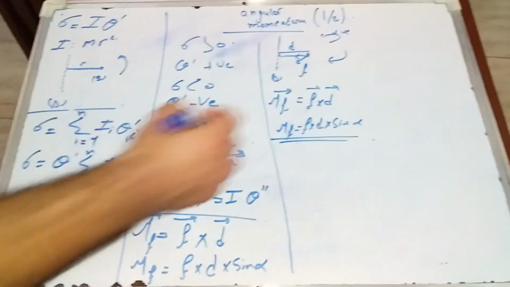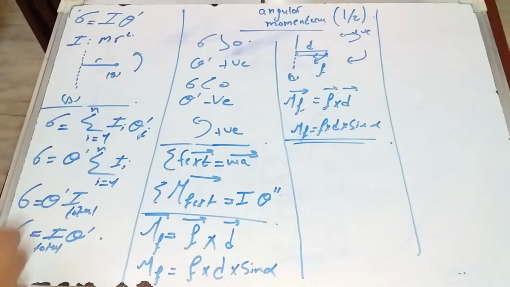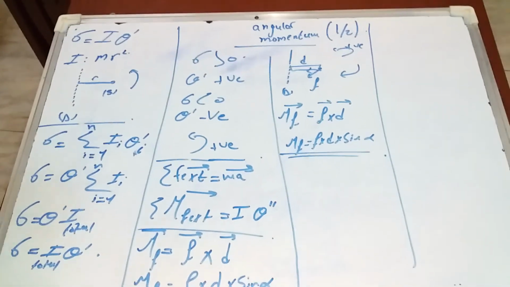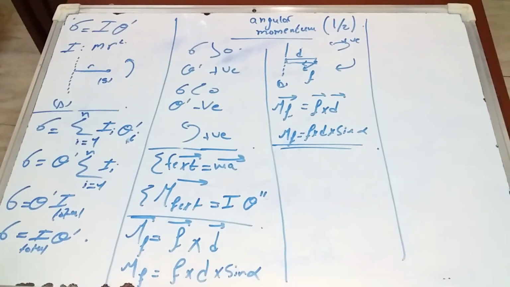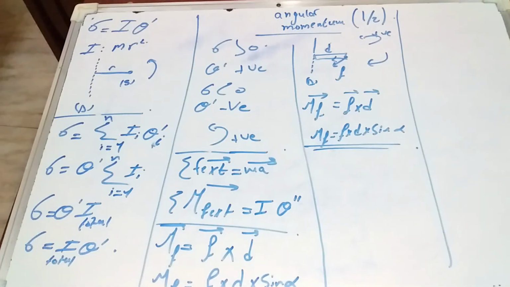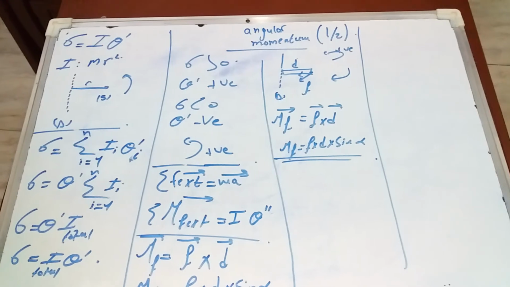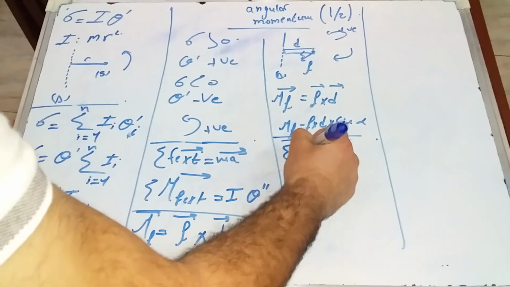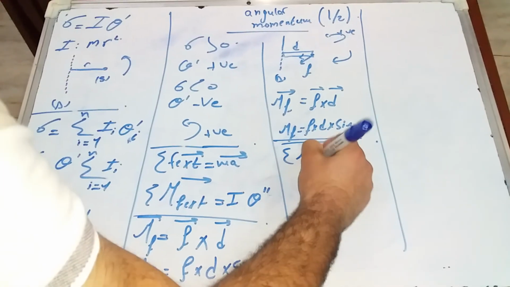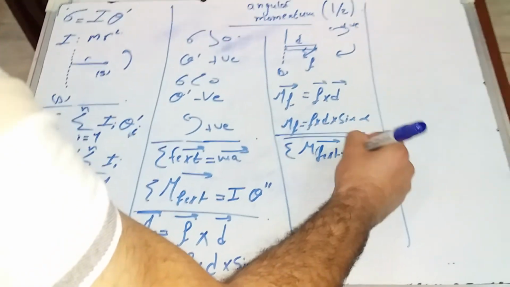Now let's go back to momentum. As we said previously, we have a mechanically isolated system where the net F external is zero. Instead we can use the sum of the external moments.